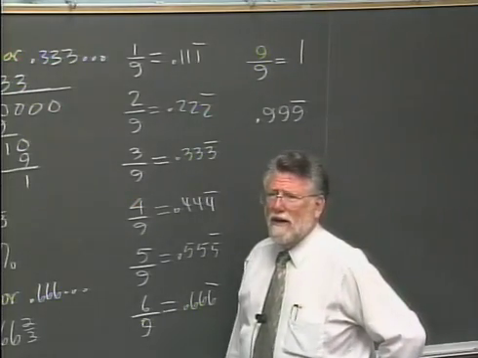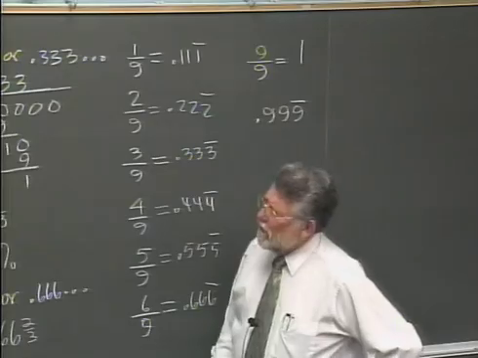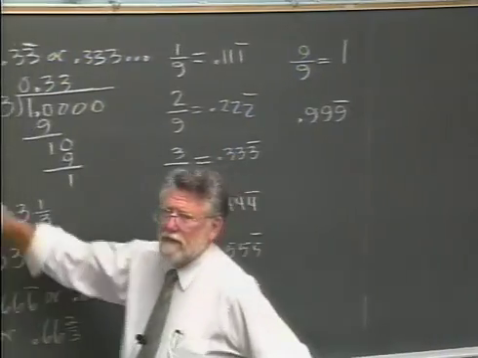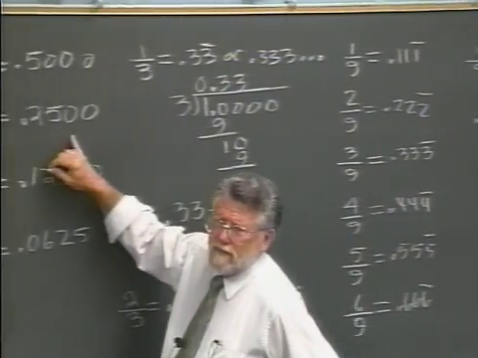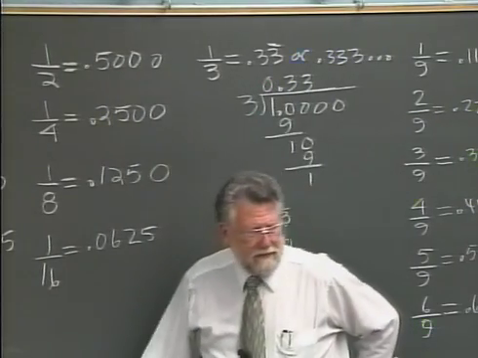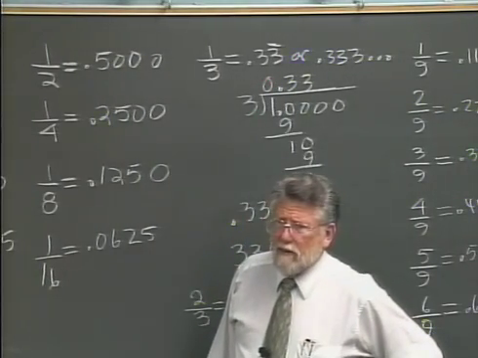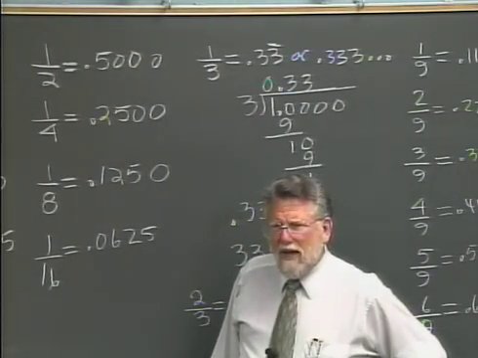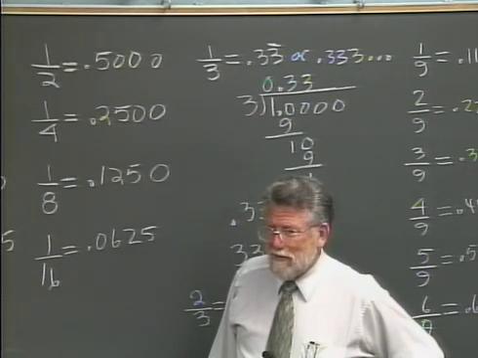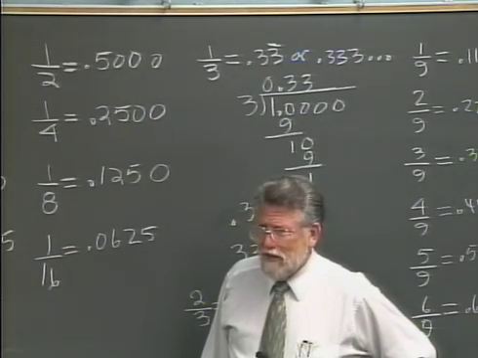Okay, Ernie, I'm going to have you pan over a little bit here to the 1/4. 0.25. Now that was a terminating decimal, right? Could I write that as a repeating decimal? And the answer is yes.